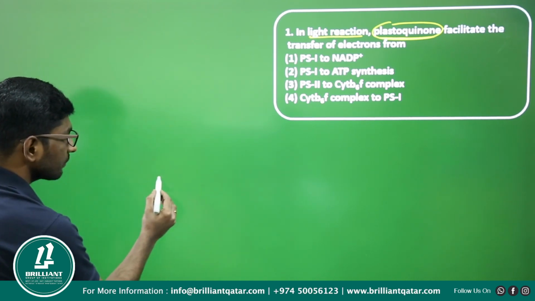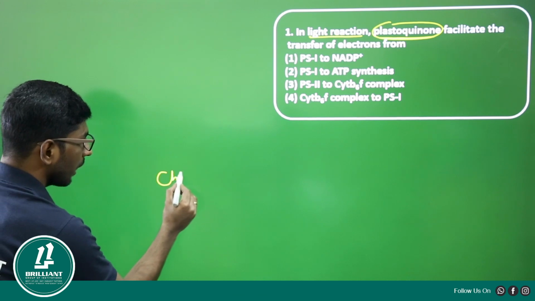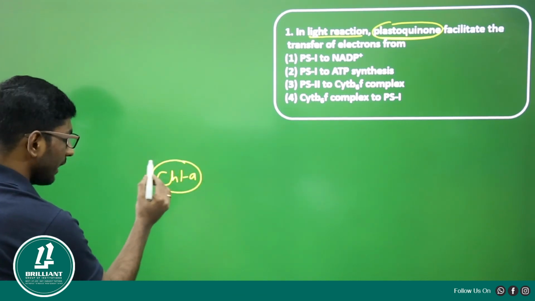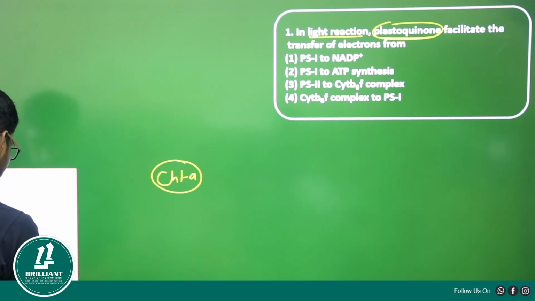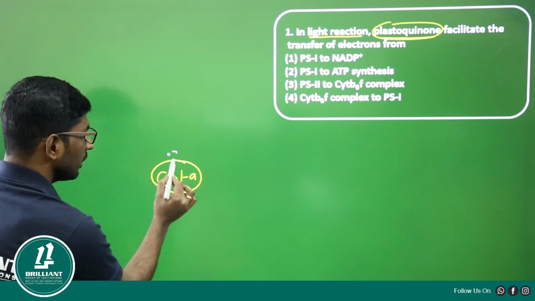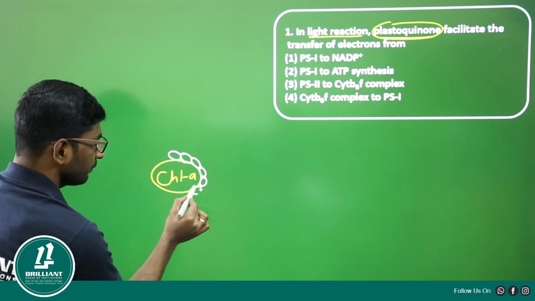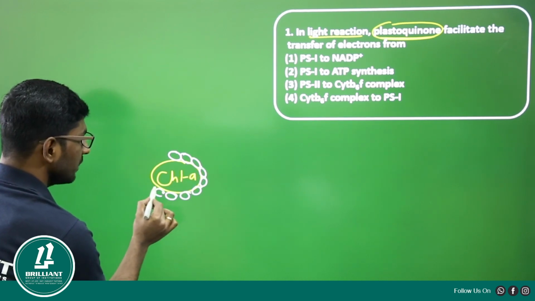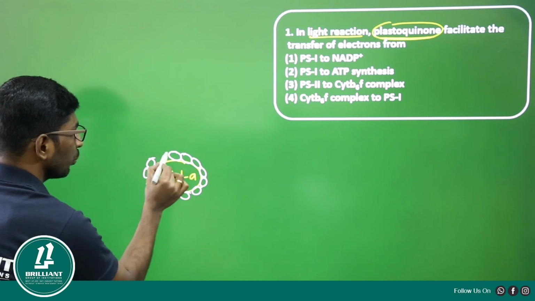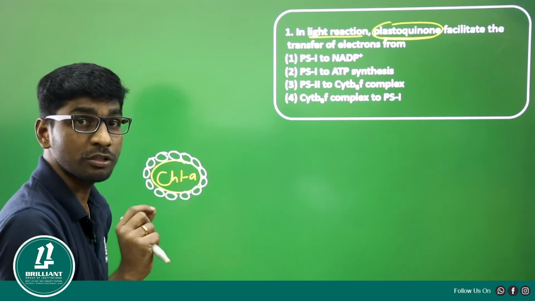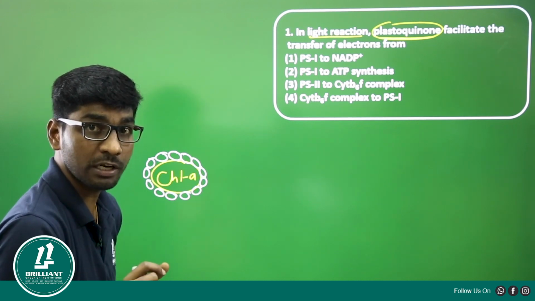This is chlorophyll A, the reaction center, and accessory pigments are here, right? Total accessory pigments are present here, surrounding the chlorophyll A. This is PS2, photosystem 2, right? Because this is a non-cyclic photophosphorylation, right?